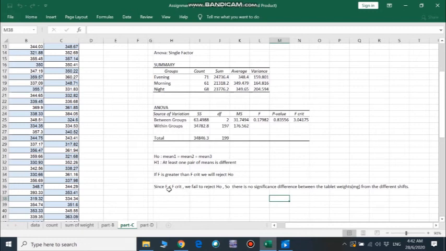Since the F is less than the F critical, we fail to reject the H0. So there is no significant difference between the tablet weights from different shifts. The top table is just the summary: this is the count that we made before, this is the sum, this is the average, and this is the variance.